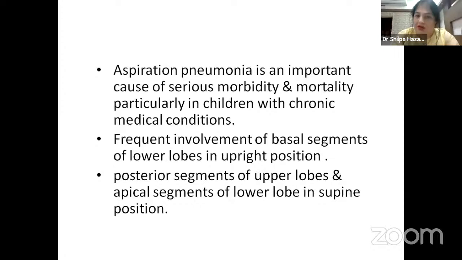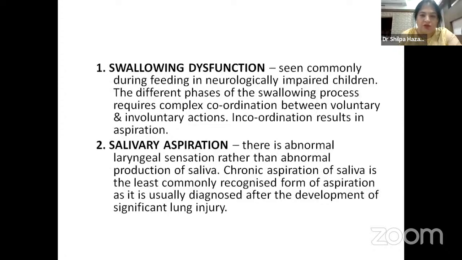Whereas if it's an older child who is aspirating in an upright position, standing or sitting, then the involvement is of the basal segments of the lower lobe. So it is very important to know that when we see the x-ray, if these lobes are involved, then we have to think of aspiration.